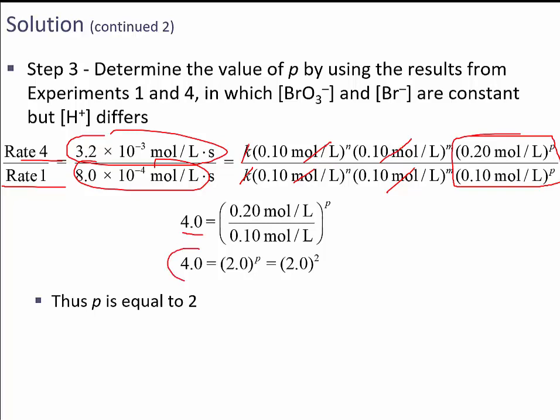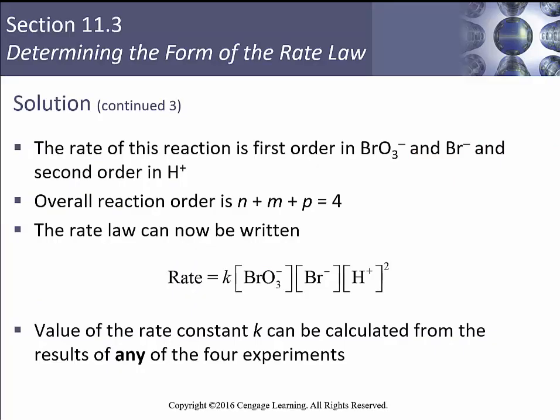So in here we've got 4 is equal to 2 to the P. P has got to be equal to 2. So the rate of this reaction is first order with bromate and bromide, and second order with respect to H+. Therefore, our overall reaction order is going to be N plus M plus P, or 4.